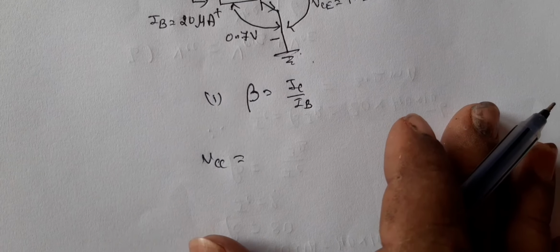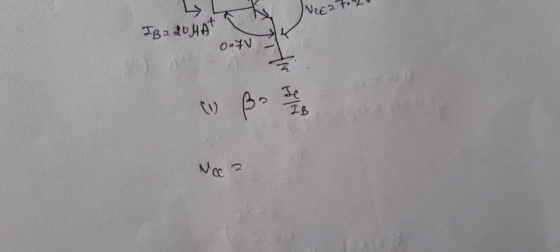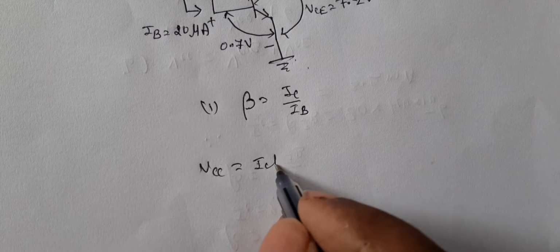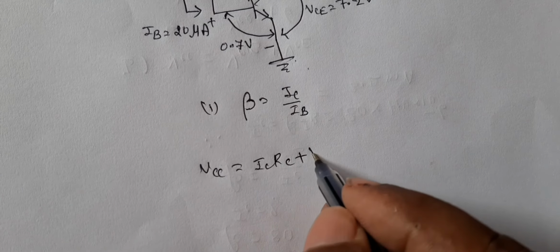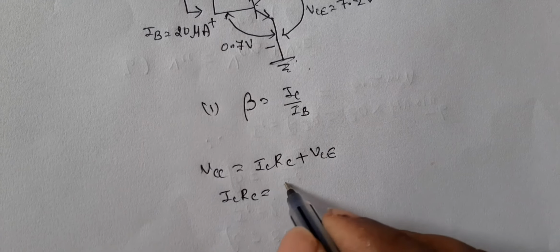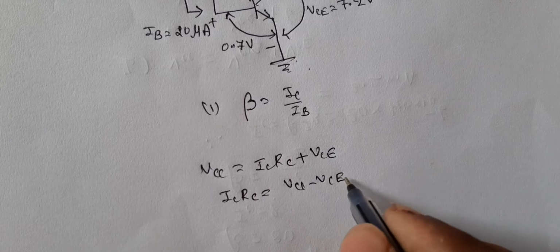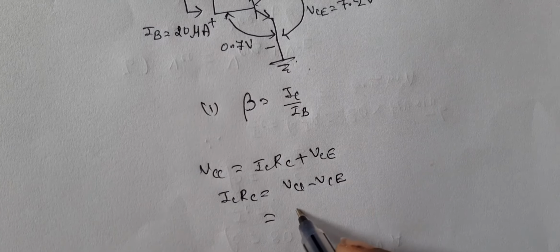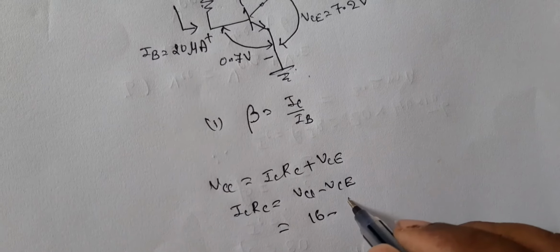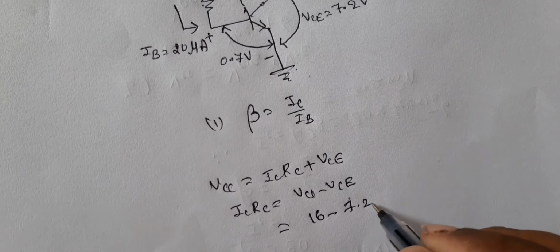So VCC equals ICRC plus VCE, therefore ICRC is equal to VCC minus VCE. VCC is 16, minus VCE is given as 7.2 volts. Therefore, this is equal to 8.8 volts.